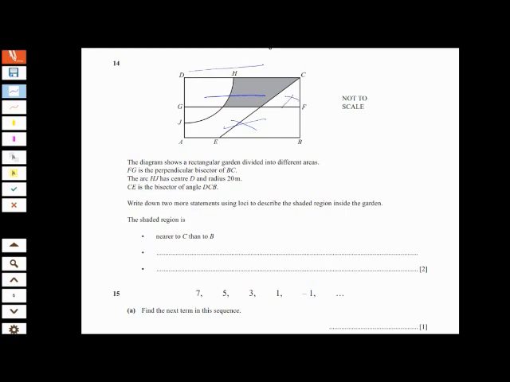Nearer to DC, this line, than to BC. And for the third one, we want to say that it's not this side, it's this side only. How would you say that? It's 20 meters away from D.